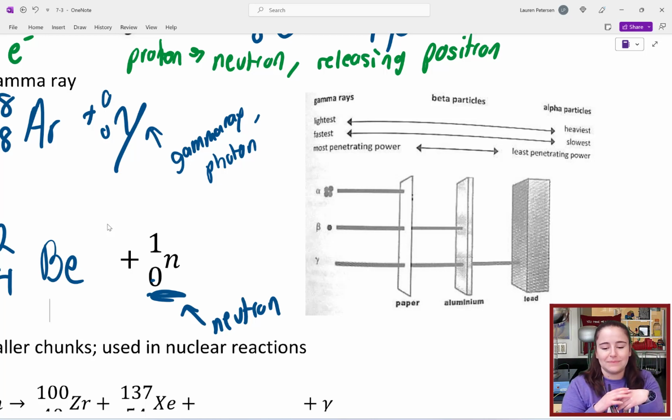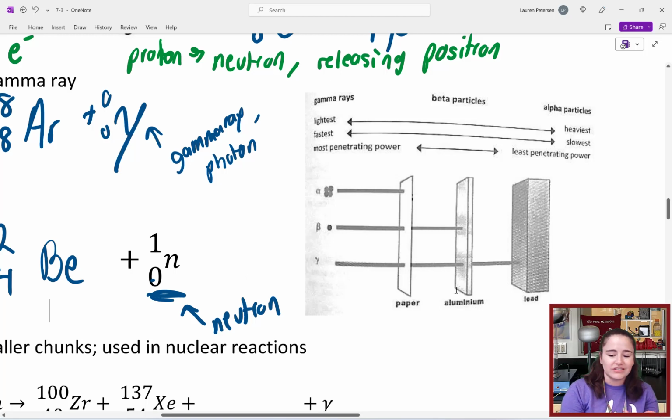And they can be stopped by things like a piece of paper or your skin, where beta particles tend to travel a little bit farther, but they are still stopped by things like a sheet of aluminum, where gamma rays can't be stopped except for by like a wall of lead. And that is why when you go to get an x-ray or something like that, the doctor who is exposed to those all day, every day, has to go behind that wall of lead or a metal wall in order to protect themselves from that radiation.